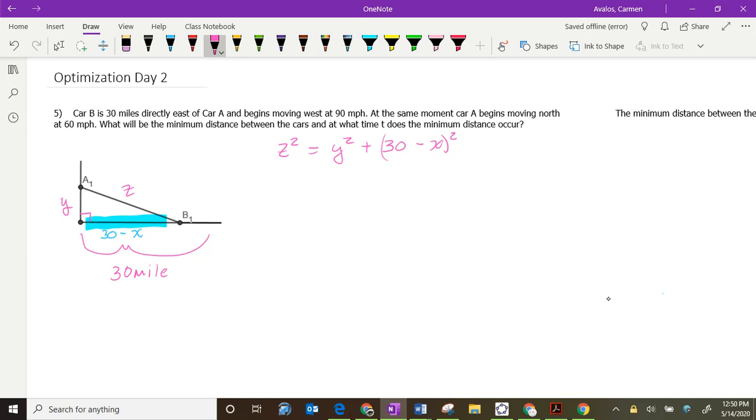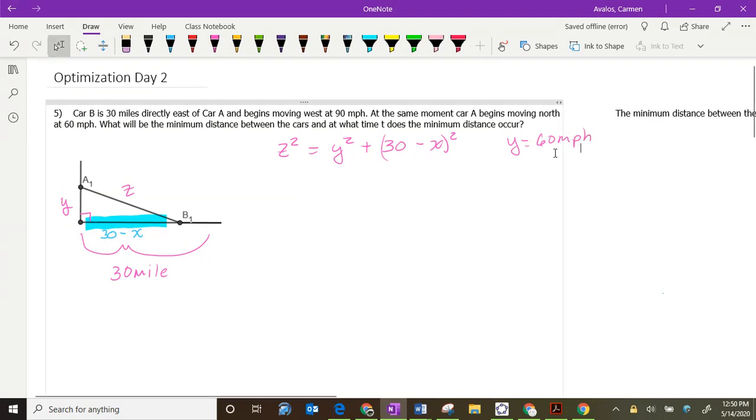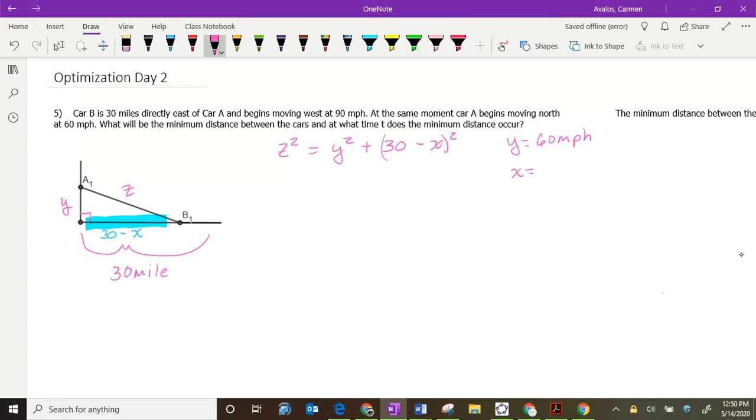We know that y is traveling at 60 miles per hour, so if we have 1 hour, y has traveled 60 miles. And x is traveling at 90 miles per hour.